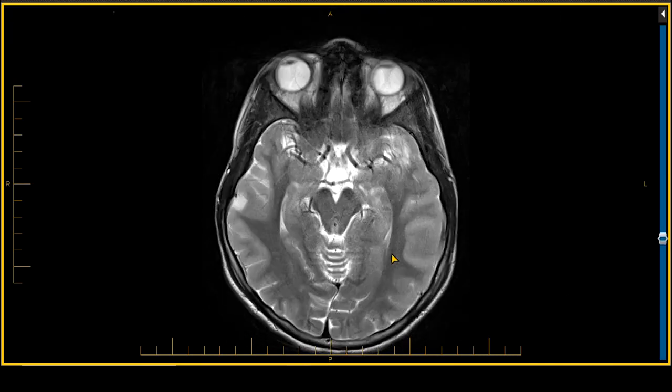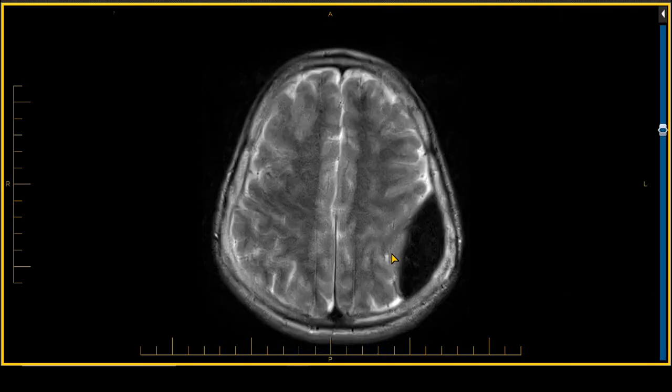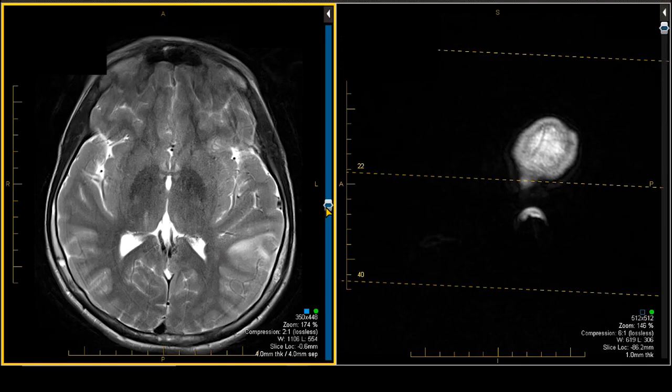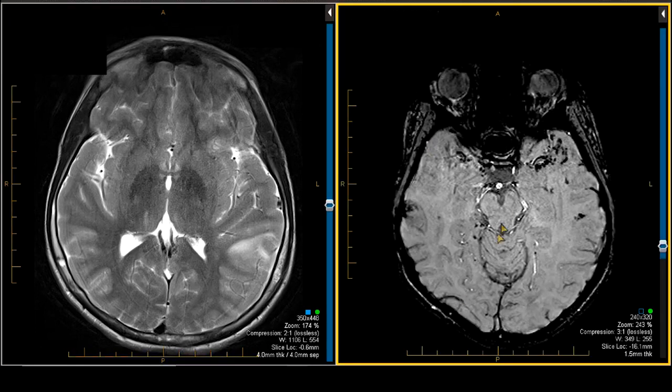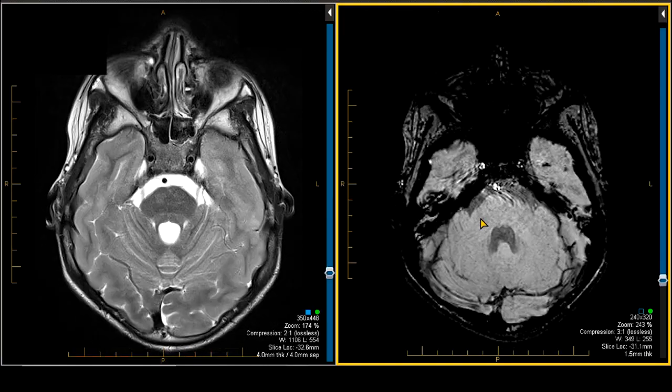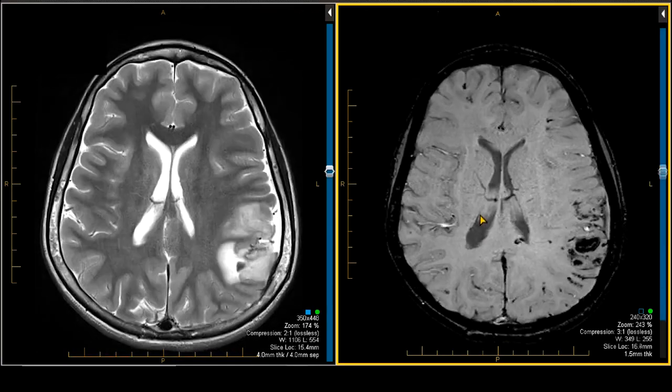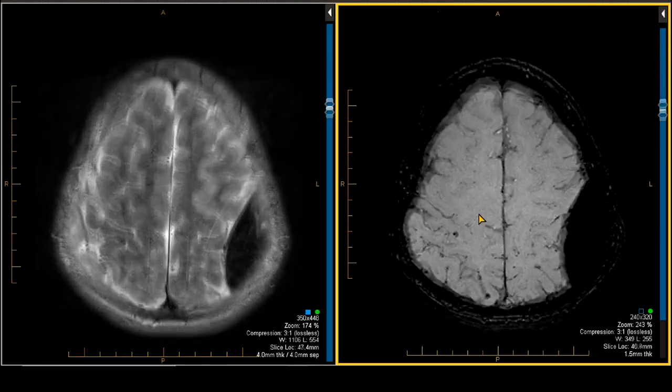What did you forget to do? Well, I've told you before that the best sequence for detection of blood is susceptibility weighted scan. This is the SWI scan, the susceptibility weighted scan of the exact same patient.